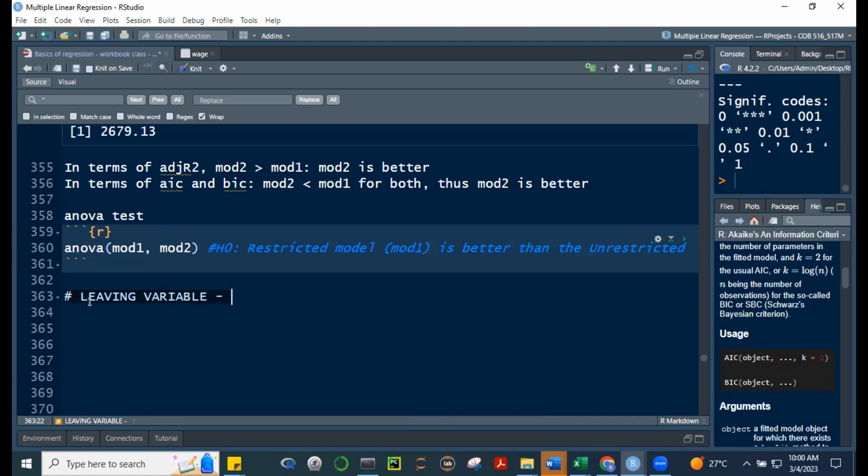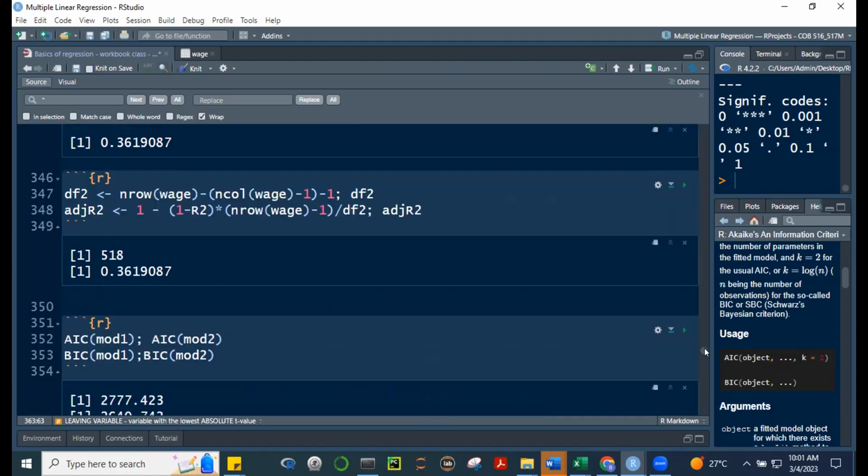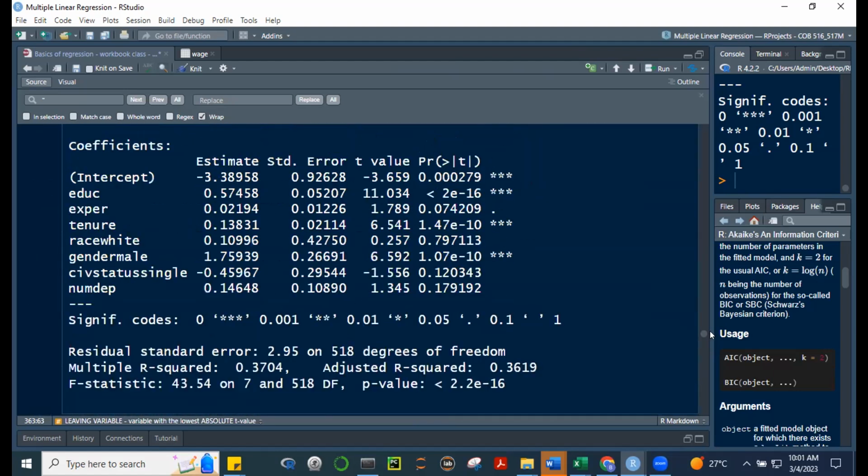That's the variable with the lowest absolute t-value. That will always be the basis. You look at the t-values and choose the one with the lowest absolute t-value. So we don't mind the sign.